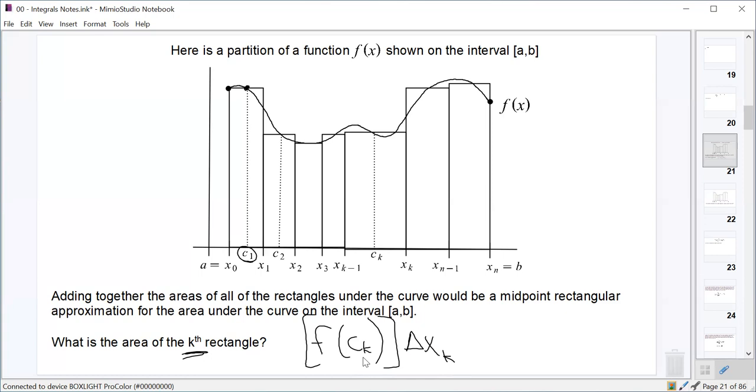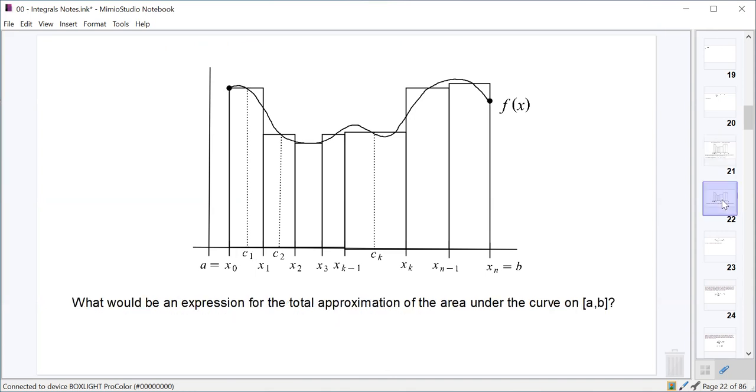And now we've got values for our intervals from x naught to x sub n, which means that if we wanted to find the total area underneath this curve, or an approximation, we'd have to add up all of these different areas of these different rectangles. So if we're looking for an expression for the total area, that should be a summation from k equals 1, in other words, from the first rectangle to the nth rectangle, of f of c sub k, the height of the rectangle in whichever k we're in.